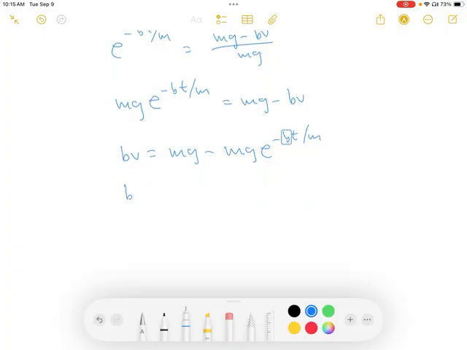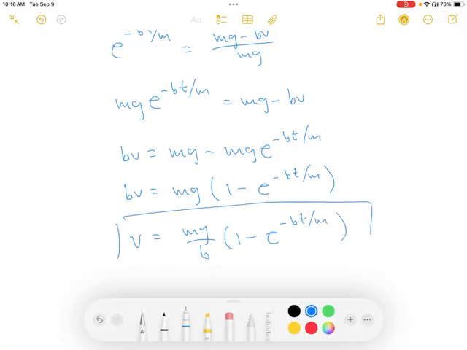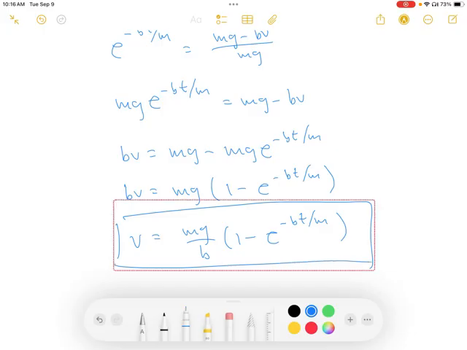So bv is going to be equal to mg times 1 minus e to the minus bt over m, which means that v is going to be equal to mg over b times 1 minus e to the minus bt over m. And this would be how we calculate the velocity at any given time if we're dealing with a drag force that is linearly proportional to v.